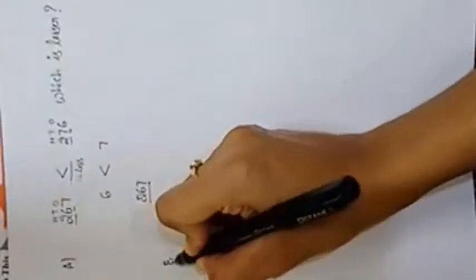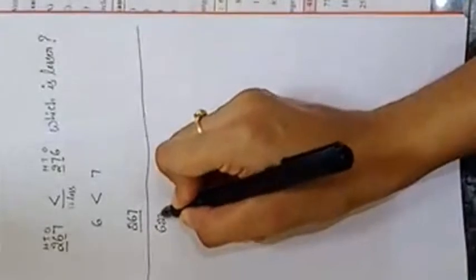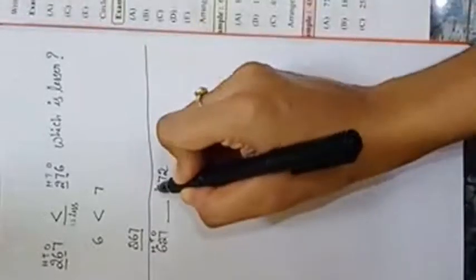Okay, I'll explain here. This is A and this is B. He's asking us, 627, 672, to write which is the bigger number. Now, first you have to write hundreds, tens, ones.